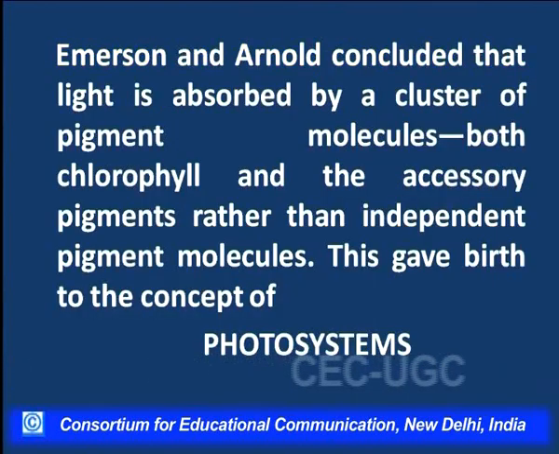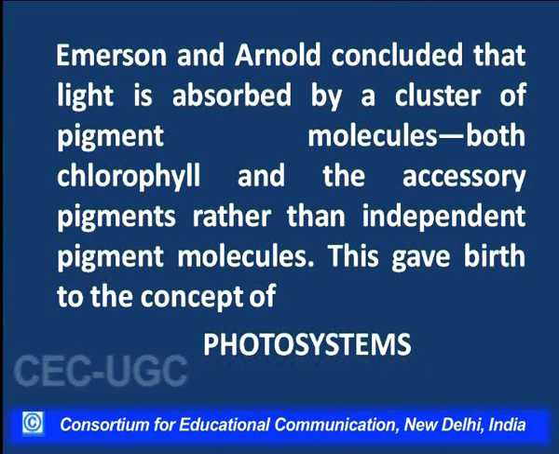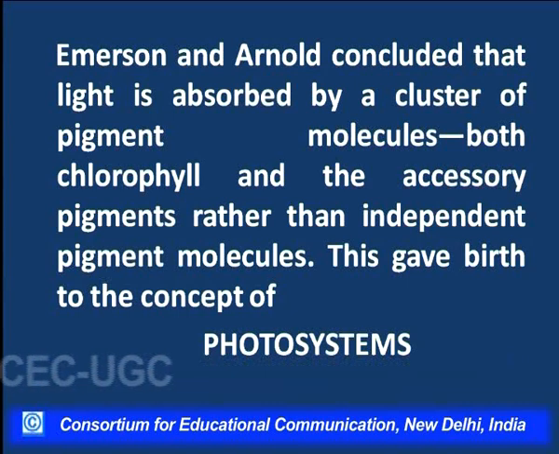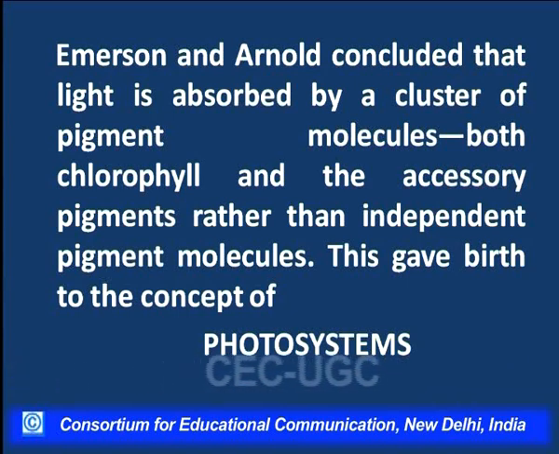This was a very important conclusion, and Emerson and Arnold said it definitely means that light is absorbed by a group of pigment molecules acting as a single unit, whether 2 units or 3 units. This was the concept of photosystems. So it is not a random functioning of the chlorophyll molecules. They must be arranged in a group performing a specific job.